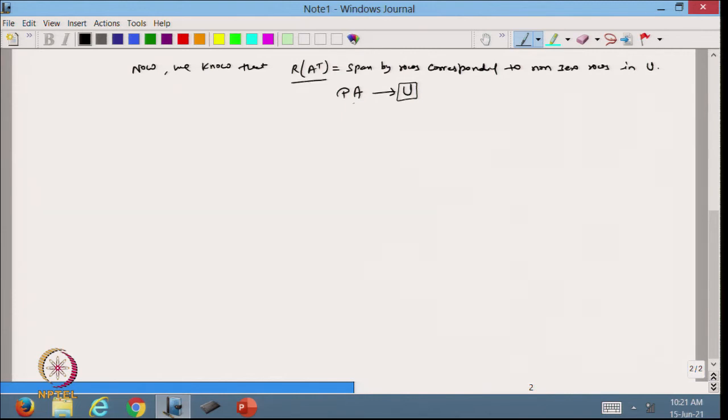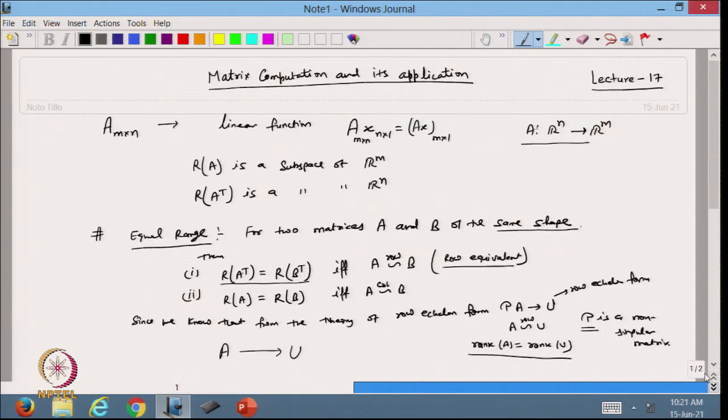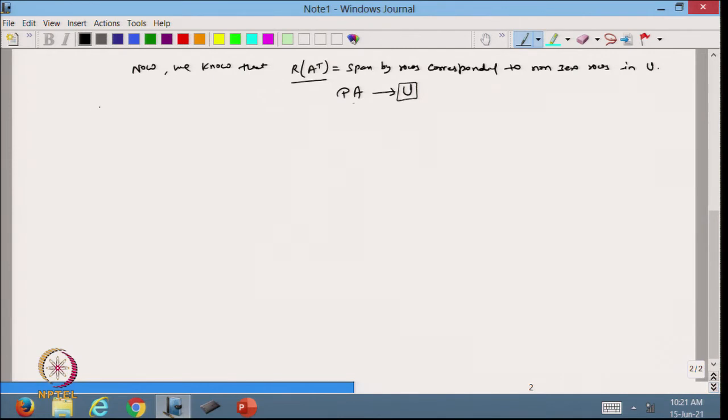So, let us prove the first one. We only prove the first one; the second one will follow the same way.